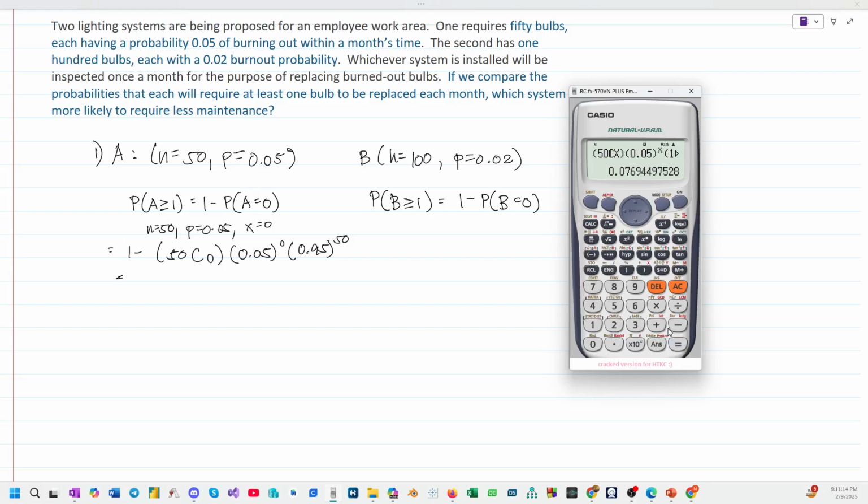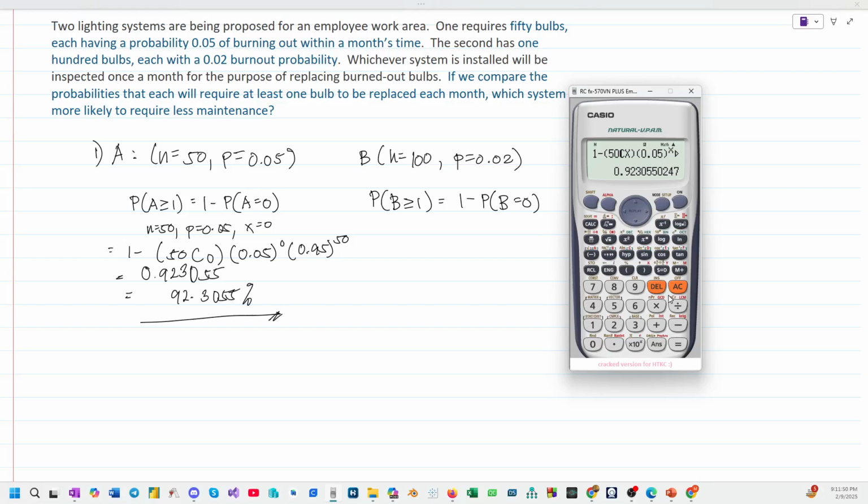Ayan. May 1 minus pala. Ayan. 0.9231.055. Ayan. So, equals to 92.3055%.